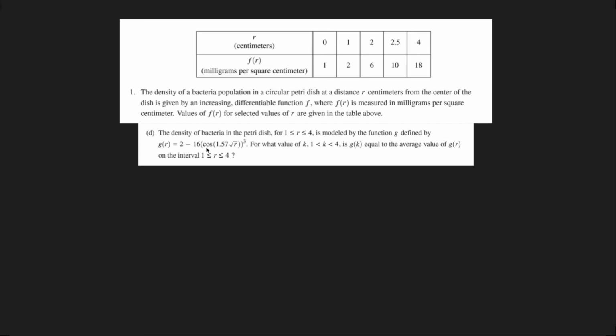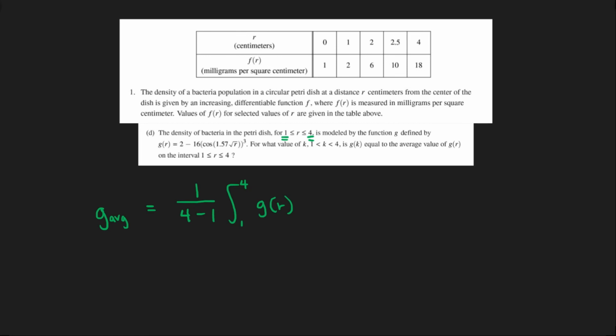So for this problem, I just start off by finding what the average value is. So let's write g average is going to be equal to, and then I'm going to refer back to the average value formula of a function, and that's going to be 1 over b minus a, and we know that our bounds are 4 and 1, so 4 minus 1, then our integral symbol, then our bounds again, 4 and 1, then our function of g of r.